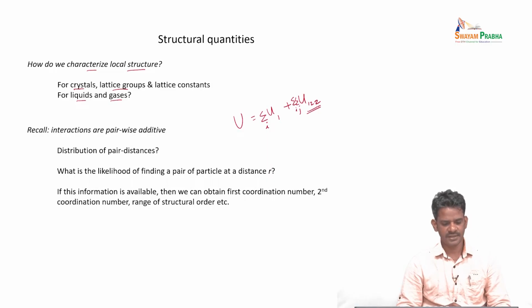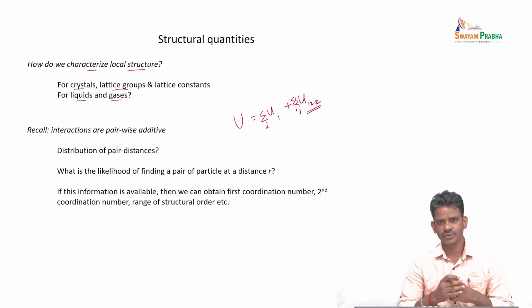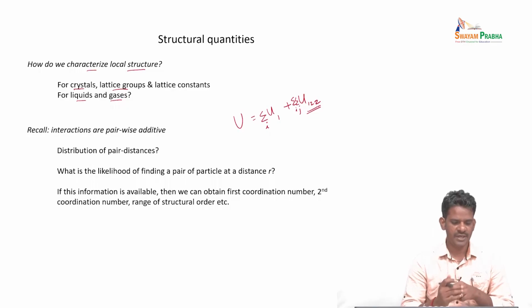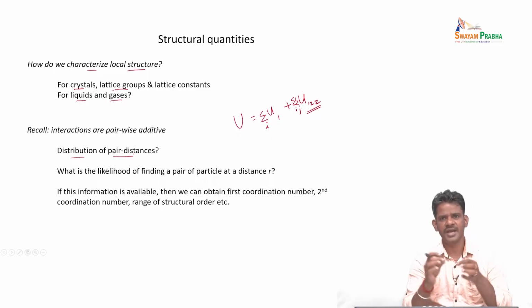So you might think about the distribution of pair distances in a given system, because that is the most important parameter in describing the potential energy of the system. So a naive idea to look at local structure would be to find out the distribution of pair distances for any pair of particles.